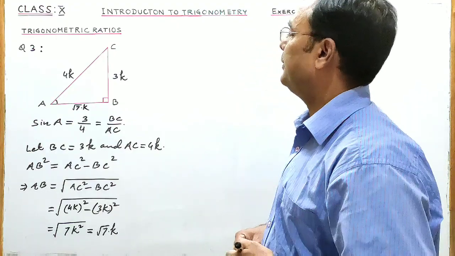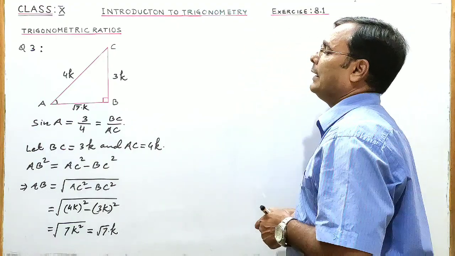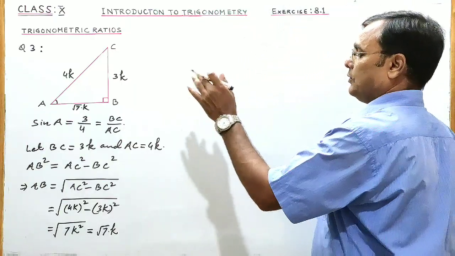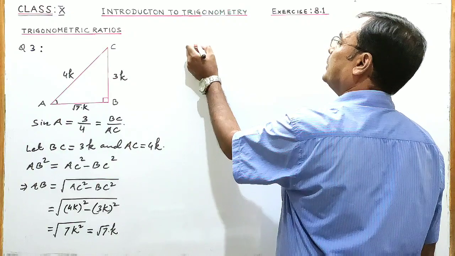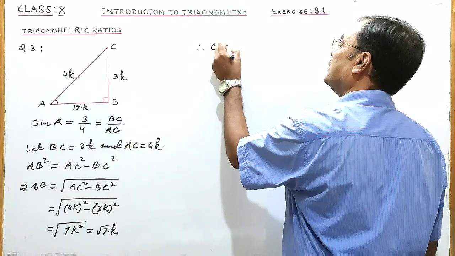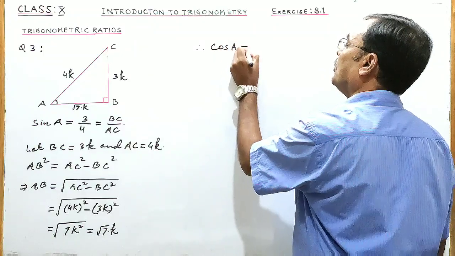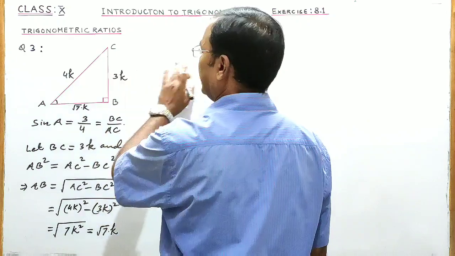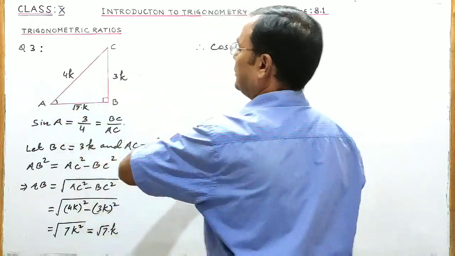Now we can find cos A and tan A. So let us find cos A. How cos of acute angle A is defined? Cos is defined as base by hypotenuse.